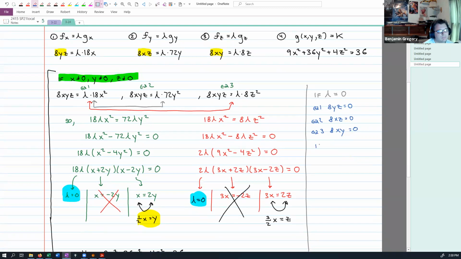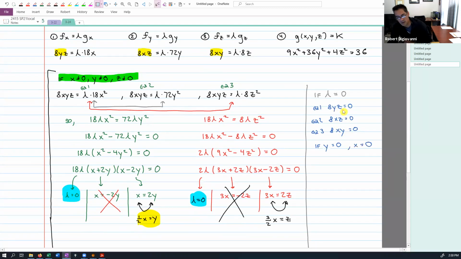If y is 0, then these first two equations are true, right? Now, what about this one? This would mean x or z has to be 0. So what if y is 0 and x is 0? Then these would all be satisfied, wouldn't they? So if lambda is 0, then that forces 2 of your variables to be 0.